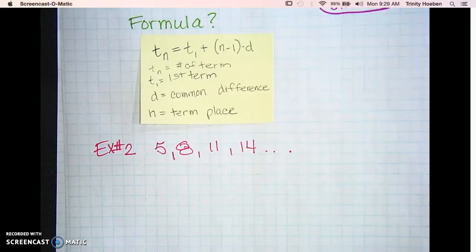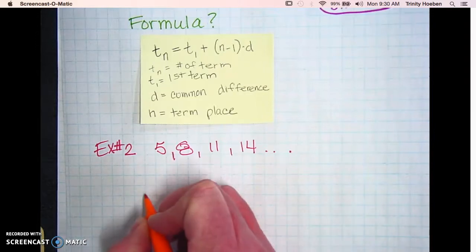We've got 5, 8, 11, 14. And we're going to plug it in and see if we can come up with a formula that would help us to find any term. Maybe it's the 50th term, maybe it's the 100th term, maybe it's the millionth term. So it could be any term number, but we need to figure out what's going to plug in.